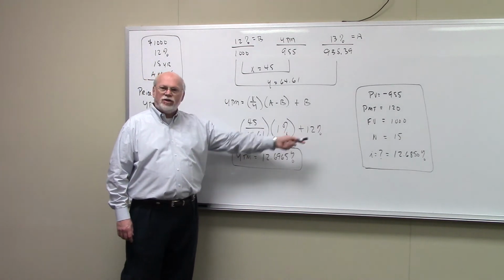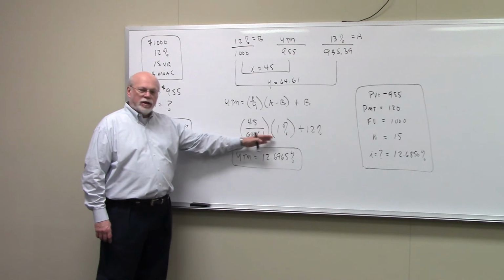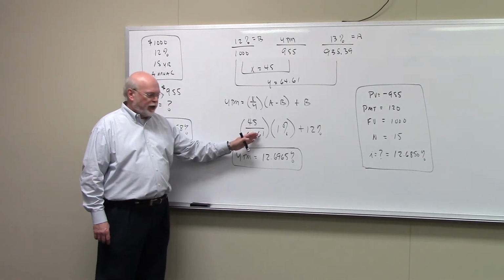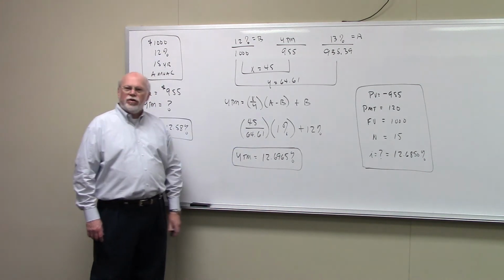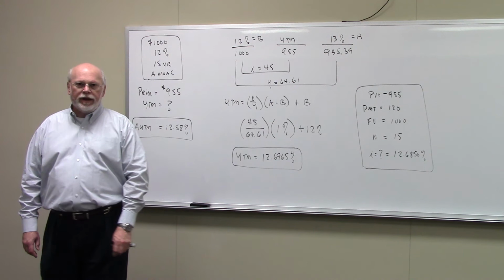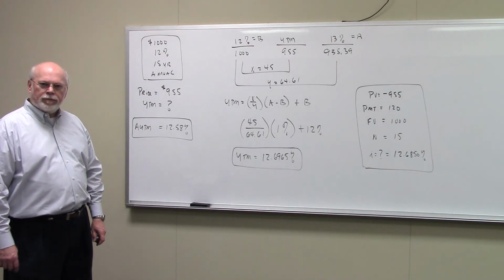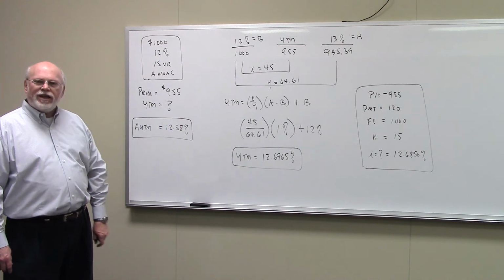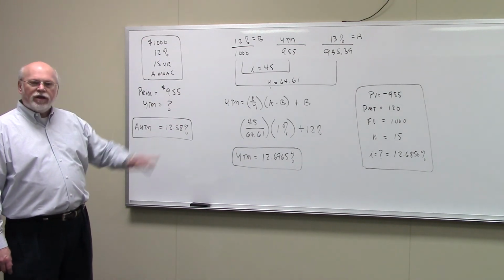And you're going to add that to 12%. If you do this math to the left of the plus sign, it's actually 0.6965%. And if you add that to 12%, you get the interpolated yield on the bond to be 12.6965%.